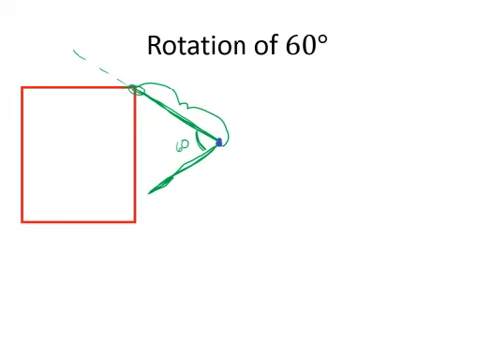So if this was A, this is now A prime. You do the same thing with the next point. Drawing it to there, I open it about 60 degrees, and then I draw the same length that I drew there. If this is point C, this is now C prime.